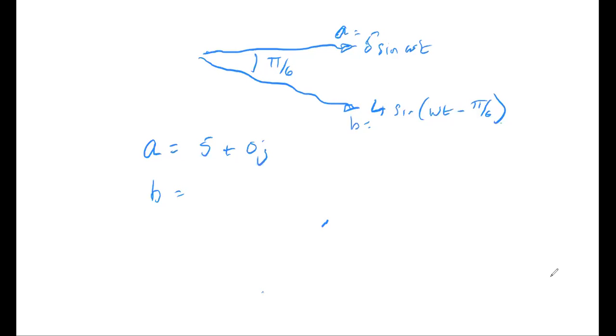Ah, I know what we need to do. Need to convert. So, hang on, I'm going to go to a new page. Can't seem to rub that out, so we've got 5 sine omega t, right?